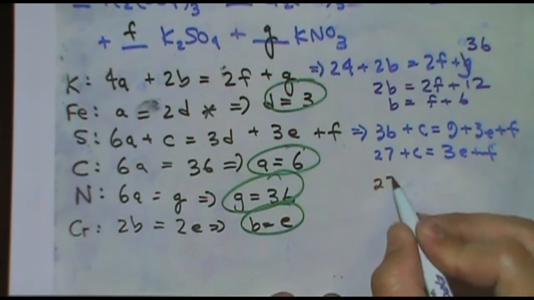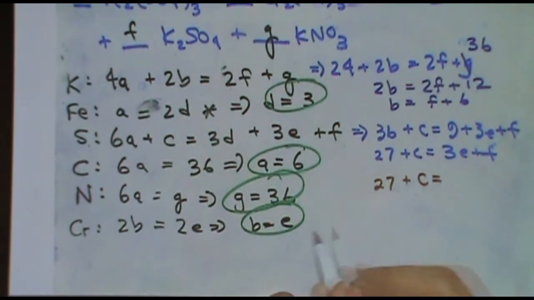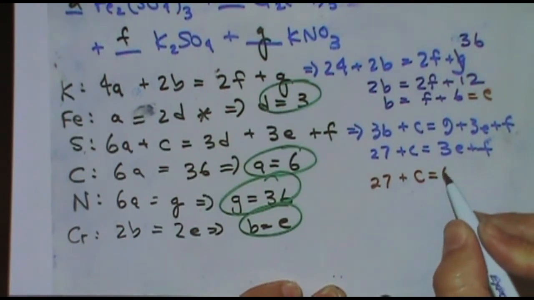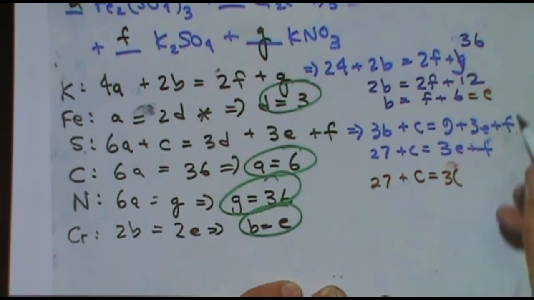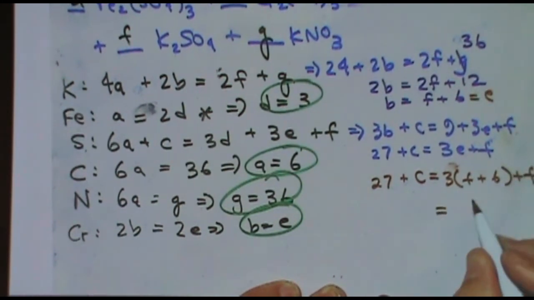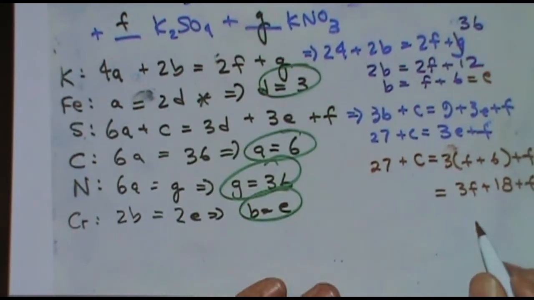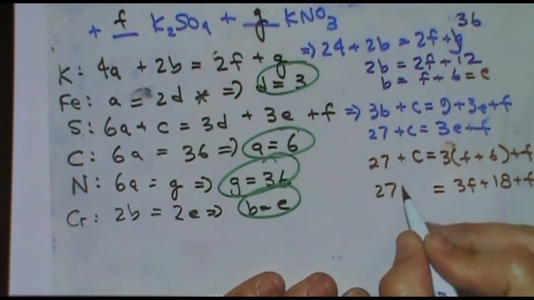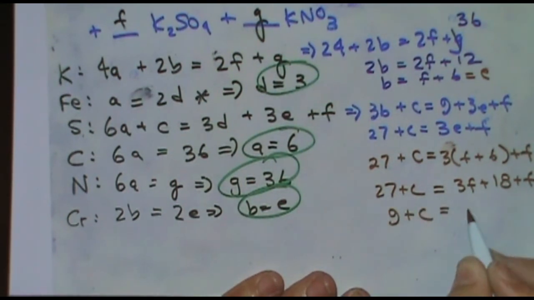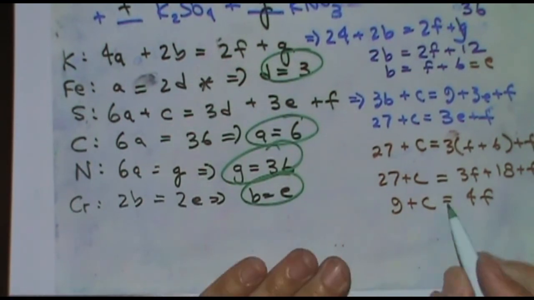We'll see. 27 plus C equals, B and E are equal, so that means this equals E. 3 times E, F plus 6, plus F. So this is 3F plus 18 plus F. And that's 27 plus C. Ooh, 27, that's 9 plus C equals 4F. There's another one that's kind of nice looking.